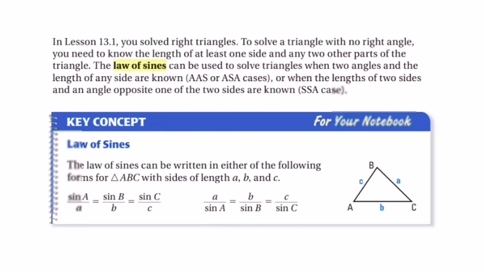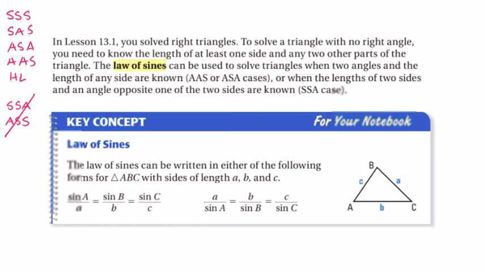So in geometry, we talked about a couple of different theorems that allowed us to prove triangles congruent: side-side-side, side-angle-side, angle-side-angle, angle-angle-side, and hypotenuse-leg. And one case that we discussed that we couldn't actually use was side-side-angle.